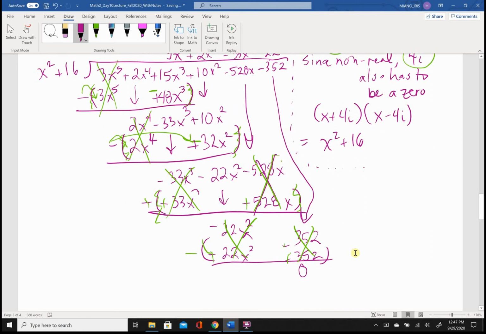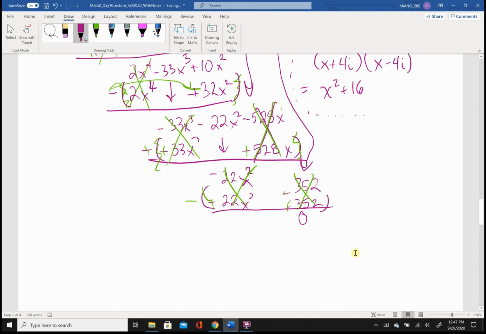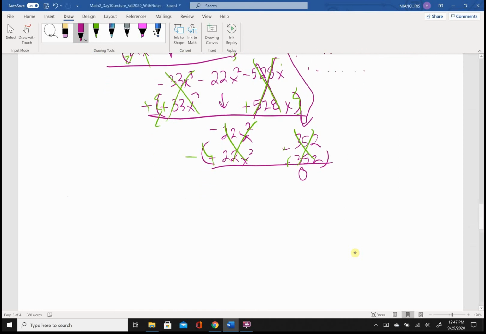So now the quotient yields the first depressed equation, which is 3x cubed plus 2x squared minus 33x minus 22.